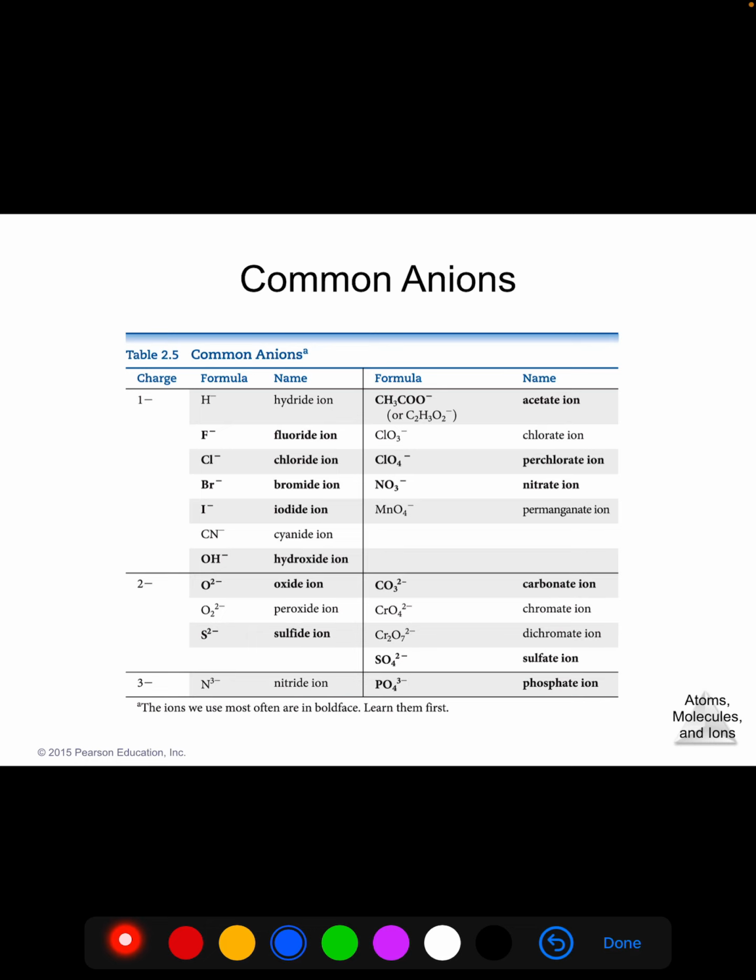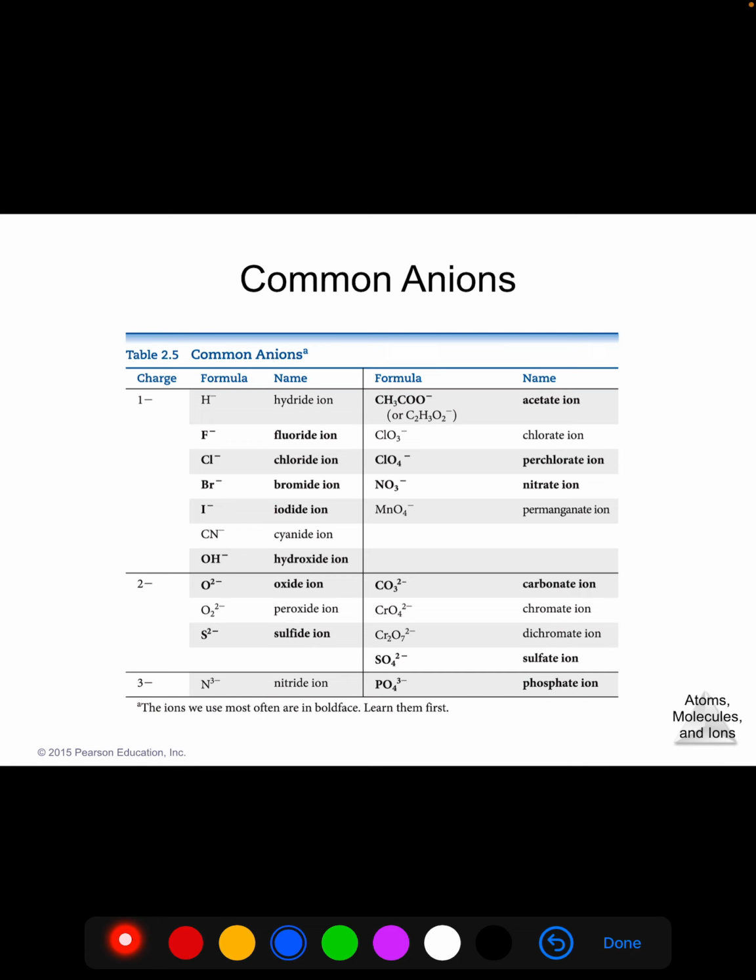Oxygen, sulfur form -2 ions, oxide and sulfide. Peroxide is an O2 with a 2-. Nitride is a 3-. We'll explain why those charges are preferred when we get to them.